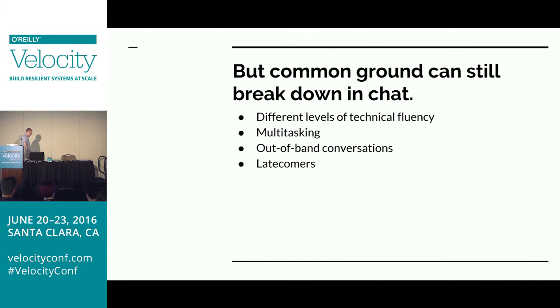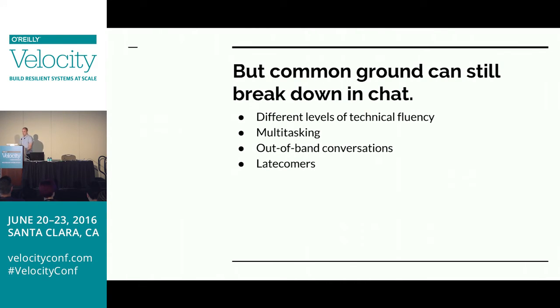But here's the problem with chat. When you're solving problems in chat, it's very, very easy for common ground to break down. It can break down for a lot of reasons. It can break down because one person who's super technical said something that all the other technical people immediately understood, like, oh, of course. But the non-technical people won't get it, and their mental state won't change with everyone else's.